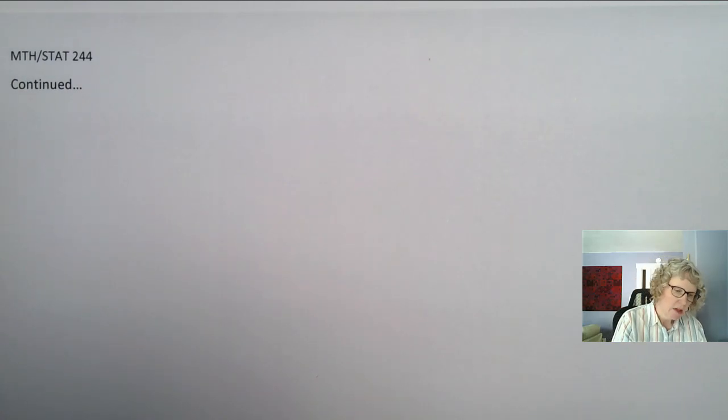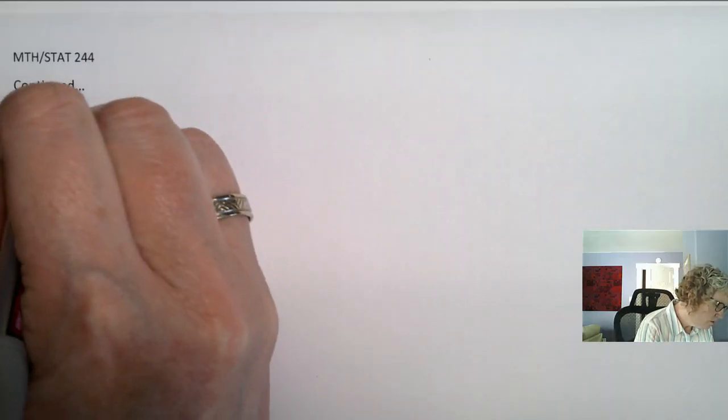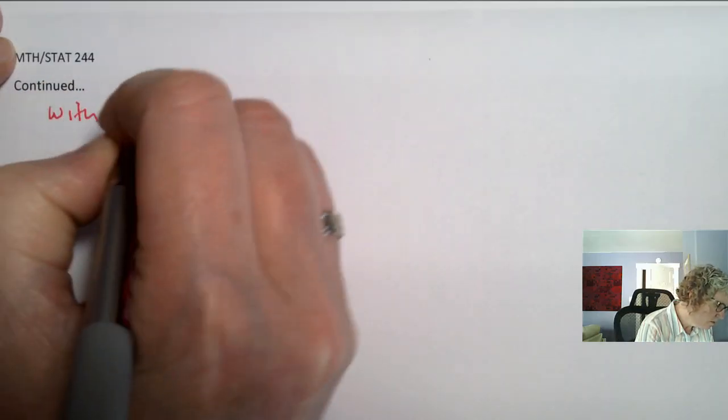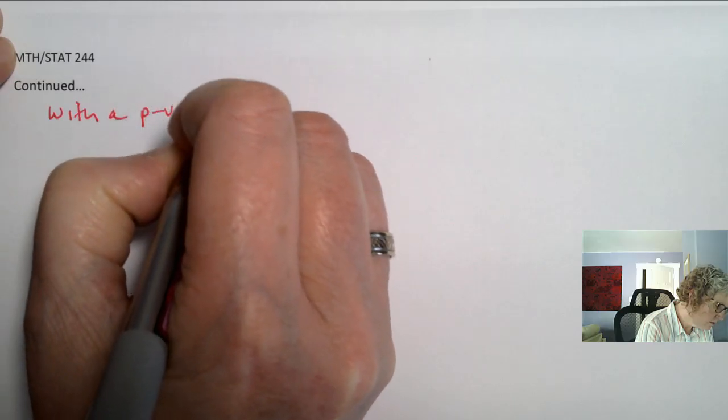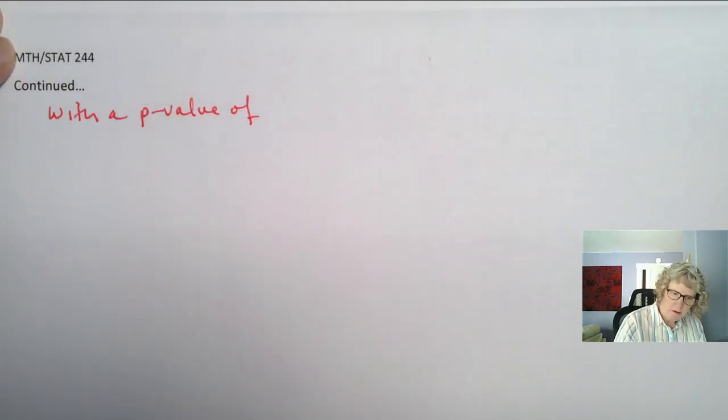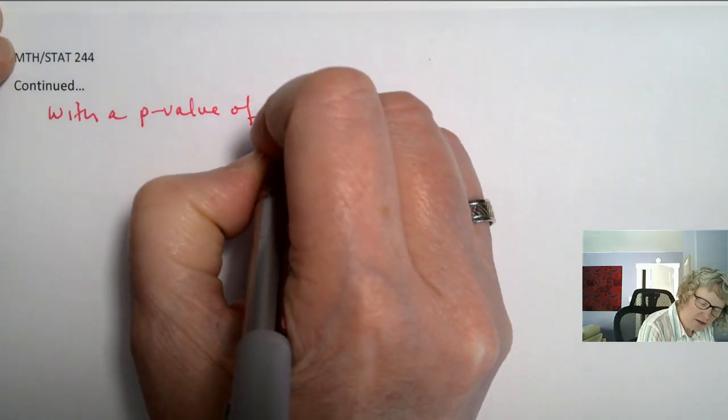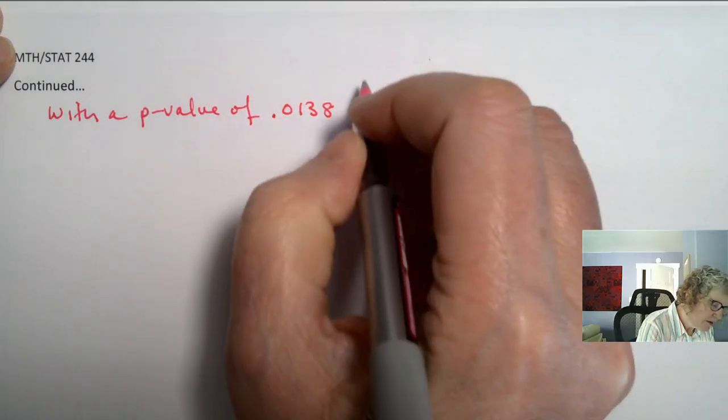Okay. So with a p-value of, and now it's like, which one do you use, right? I'll go ahead and use the conservative one, but I don't think it matters.